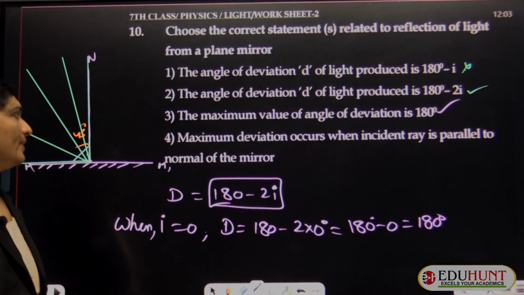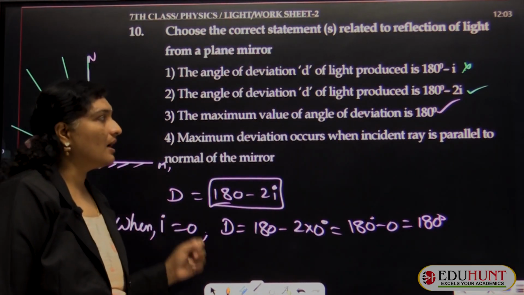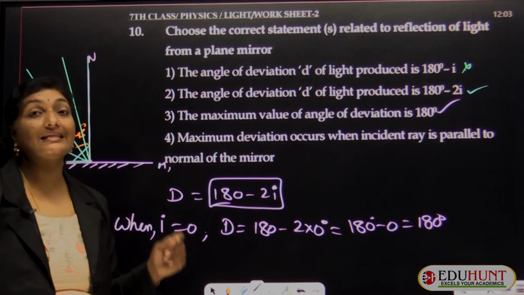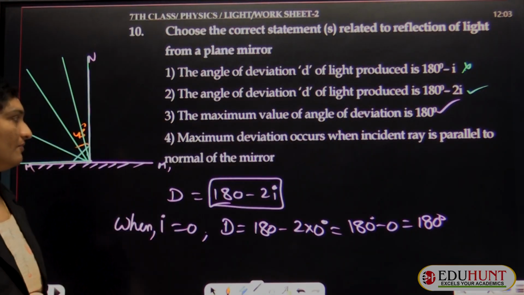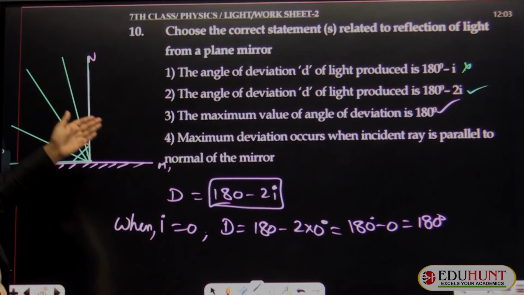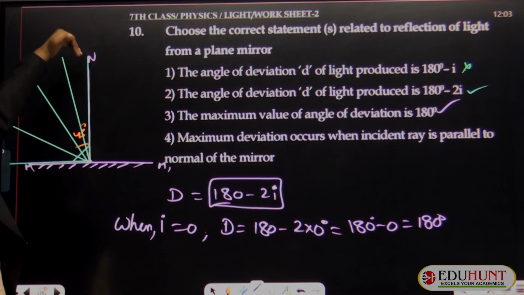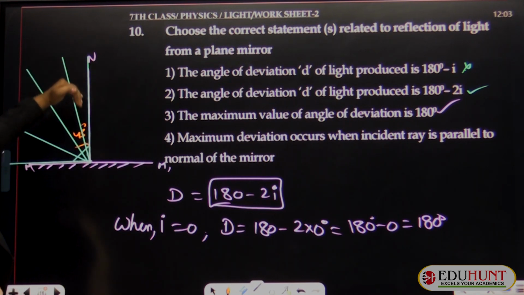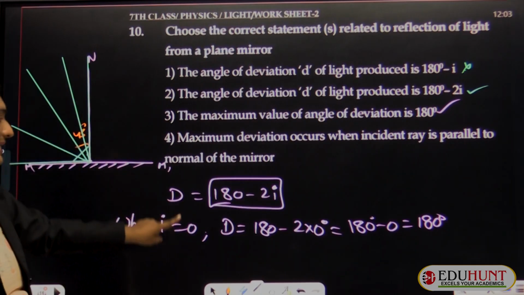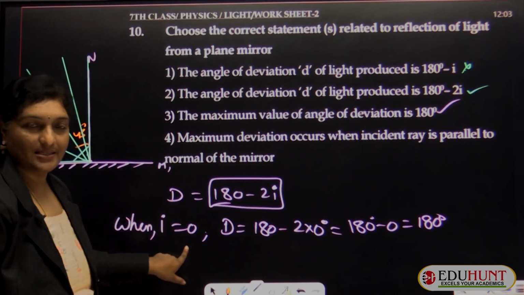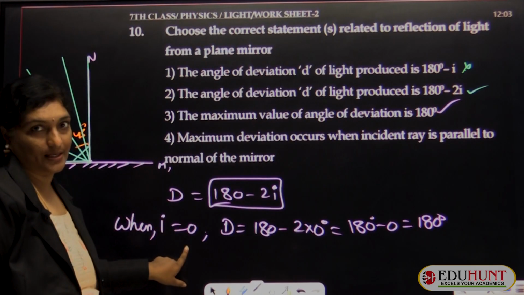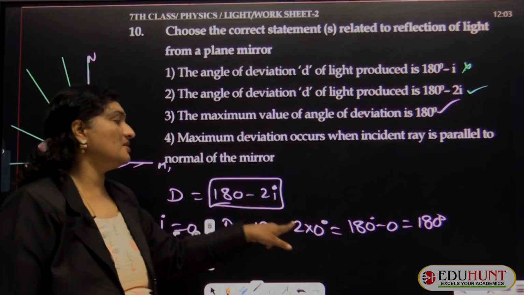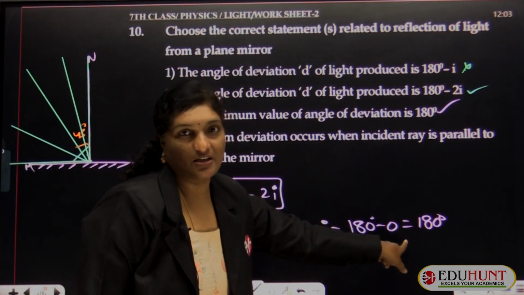Now to the last point. Maximum deviation occurs when the incident ray is parallel to the normal of the mirror. Of course, the same. Whenever a light ray is incident parallel, that means along the normal, the angle of incidence is found to be 0 degrees. When the angle of incidence is 0 degrees, maximum deviation is 180 degrees.